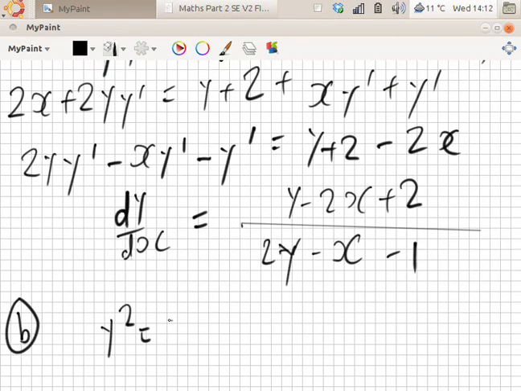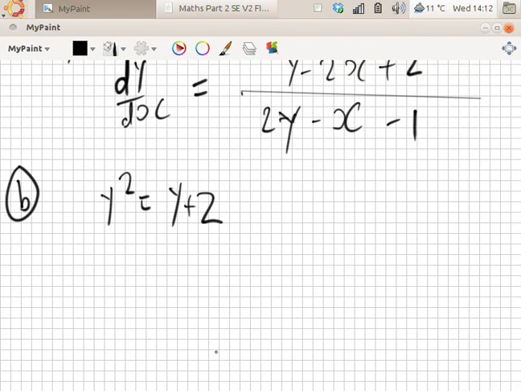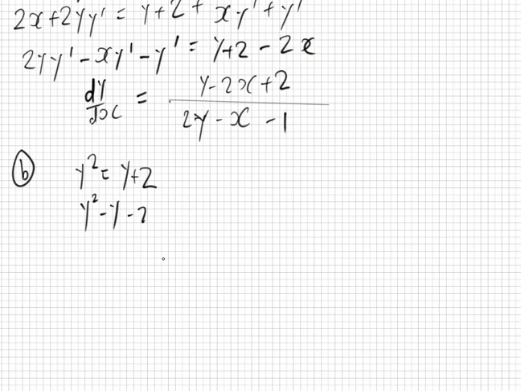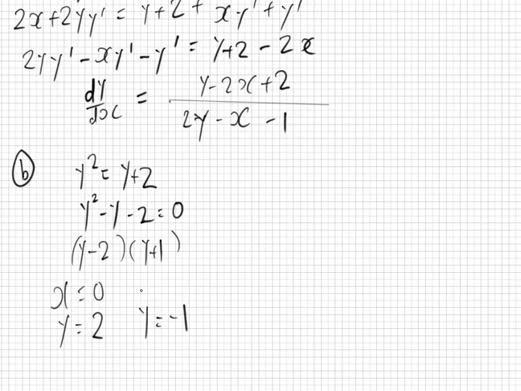So when you put x equal to 0, you're just left with a normal quadratic: y squared minus y minus 2 equals 0. So this gives me two answers, (y minus 2) and (y plus 1). So you get y equals 2 and y equals minus 1. And remember, that's when x is 0.